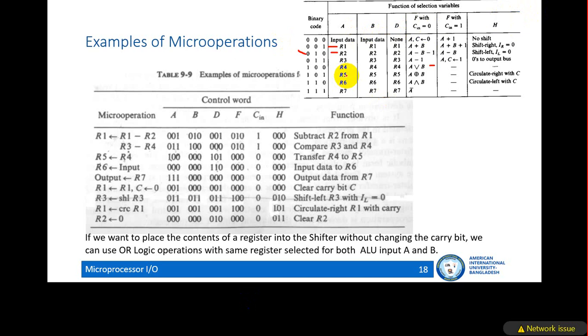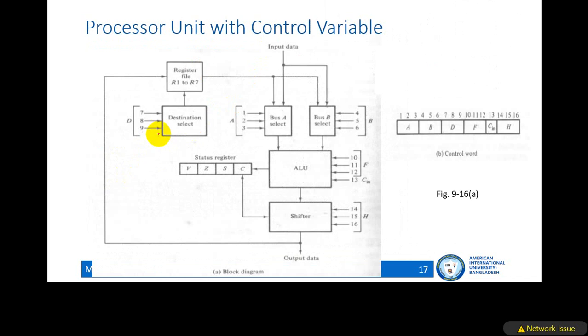For example, this is our first micro-operation: R1 minus R2. We are performing a subtraction operation R1 minus R2, and the result will get stored in the register R1. For this particular operation, what will be the control word? First thing, if you look over here, this is the control word.